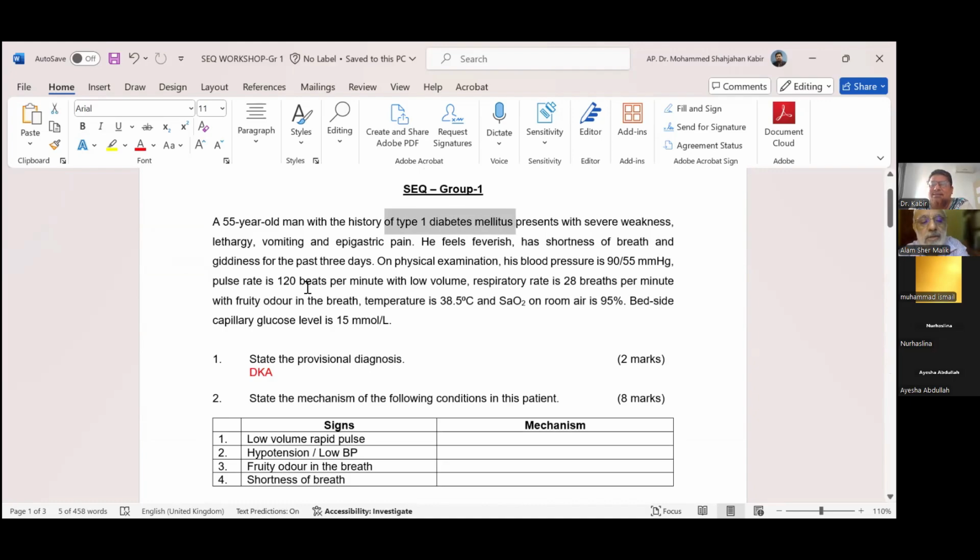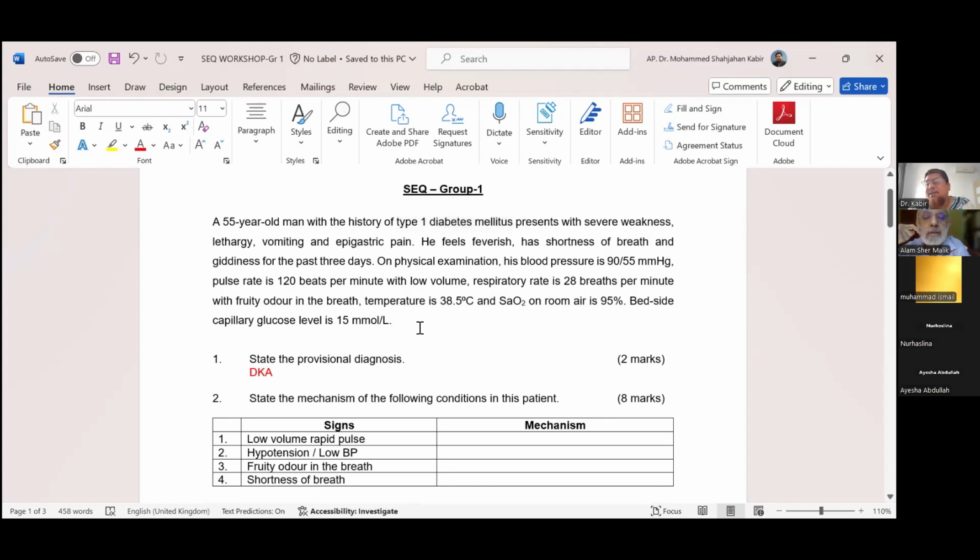Prof. Kabir, you think that 100% of students would write DKA? Of course, not 100% of students can write the answer.